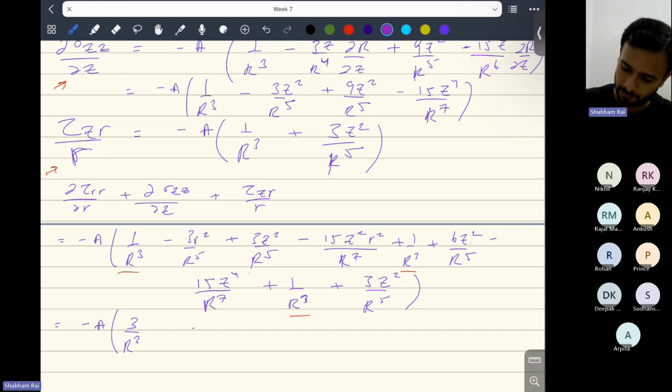So 3 z square by R⁵, 6 z square by R⁵, and 3 z square by R⁵. So here you have 6 plus 3 plus 3, 12. We have plus 12 z square by R⁵ here. And you will be left with, here this term is as it is. So you have minus 3 R square by R⁵.